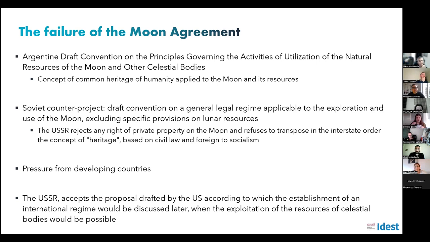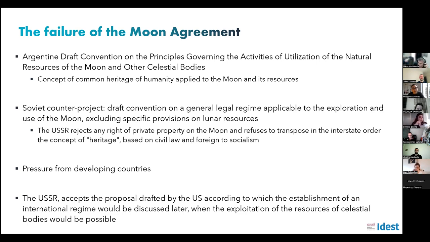That is to say, let's adopt a treaty on the moon, but we will discuss the concrete regime of exploitation of the resources later. We don't have to decide right now what the international organization to manage exploitation of the resources would be.